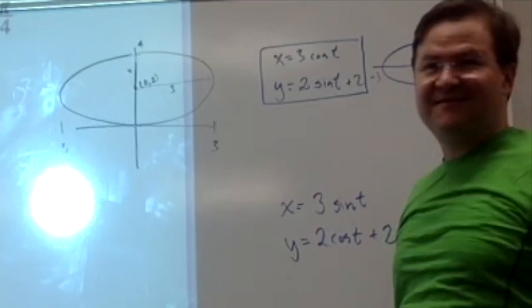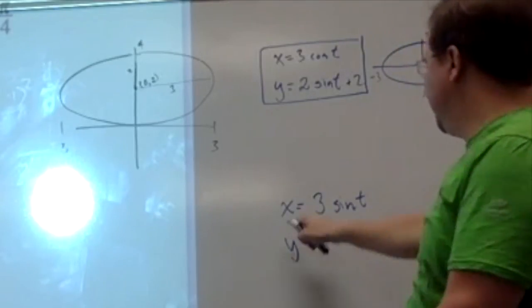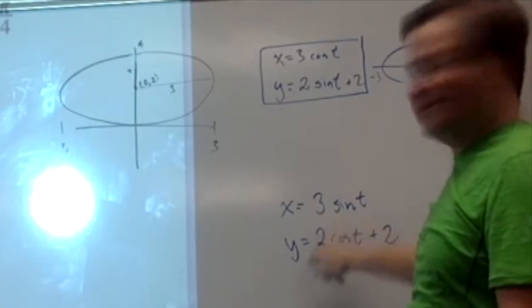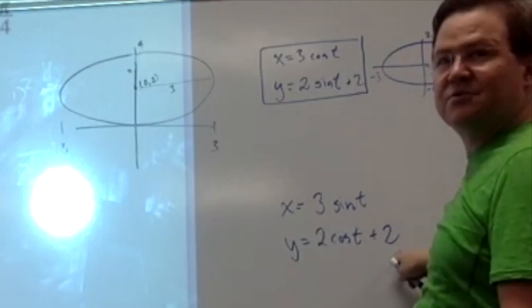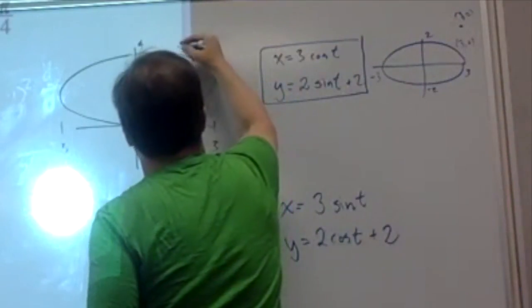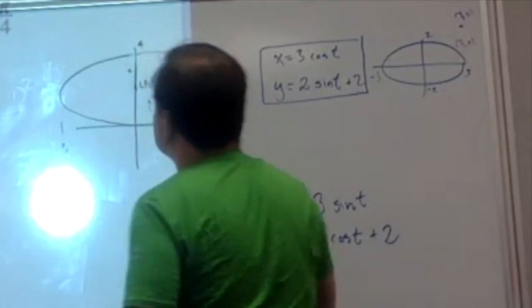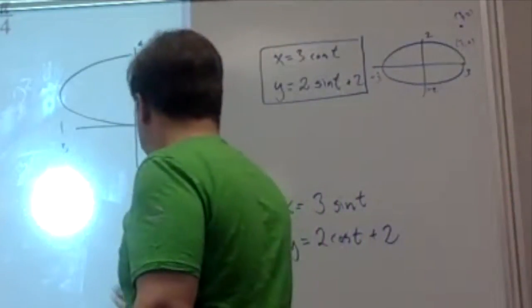No, see, in this one the x is still being stretched by 3, the y is still being stretched by 2 and shifted up by 2. But I've switched the x and y. In this case, the orientation is the same as the unit circle. But in this case, it's clockwise.